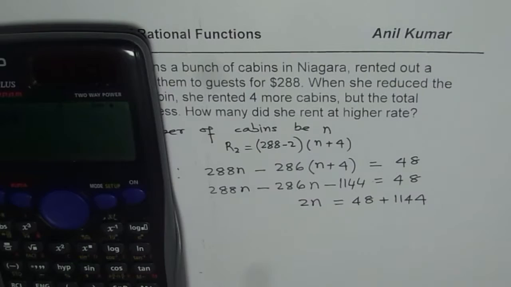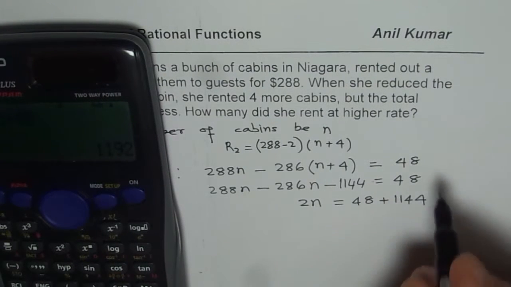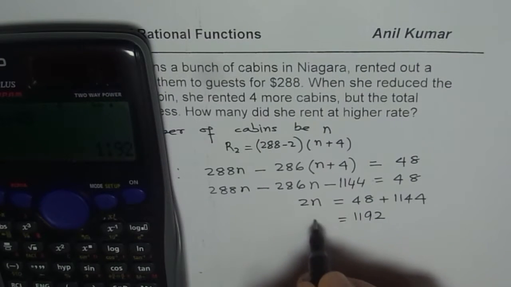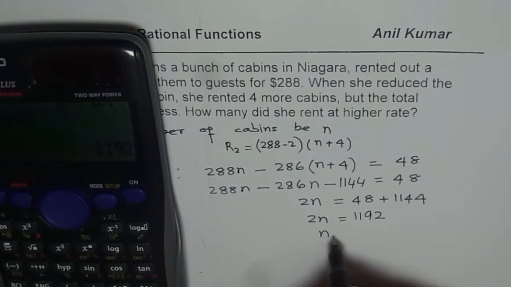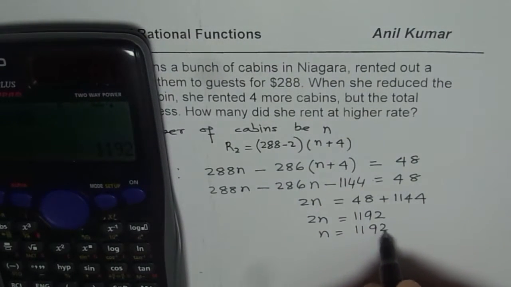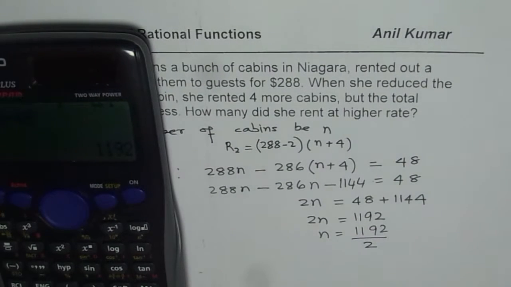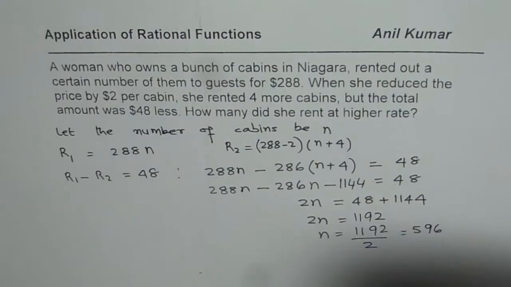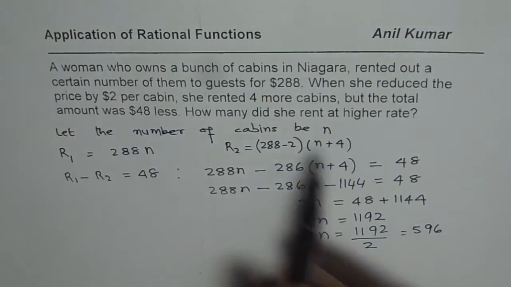So we'll add 48 to this. 1192 is what we get. So we get 1192 equals 2 times n. So n should be 1192 divided by 2. Let's divide this by 2. 596. So that is the number of originally rented cabins.